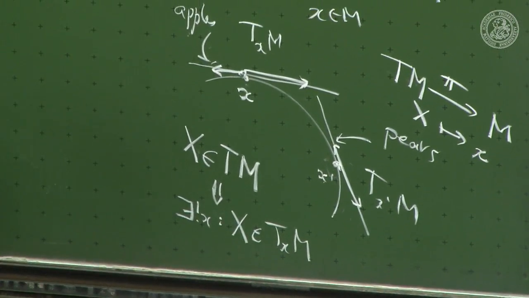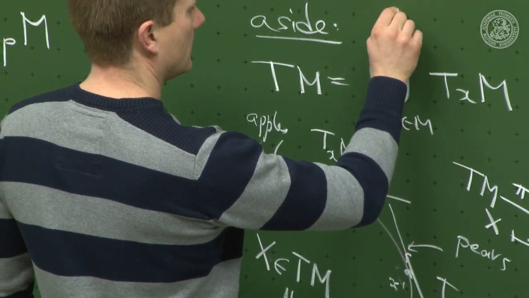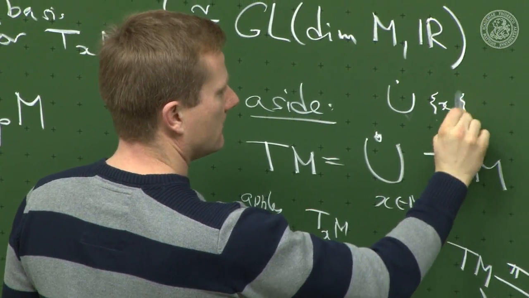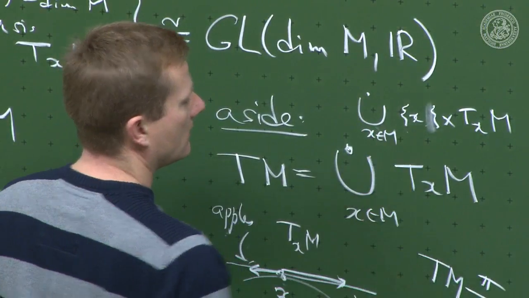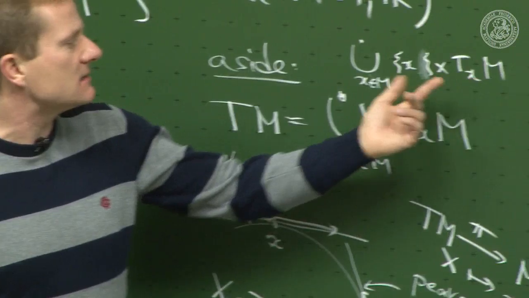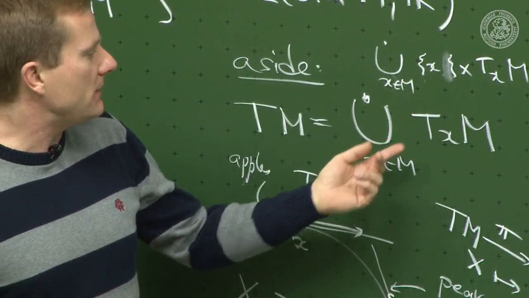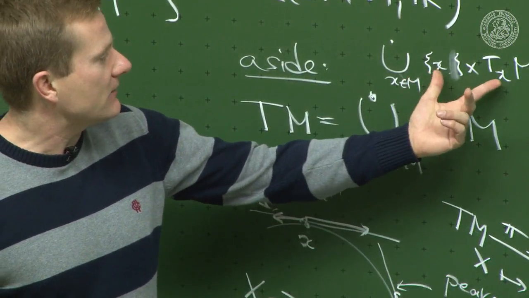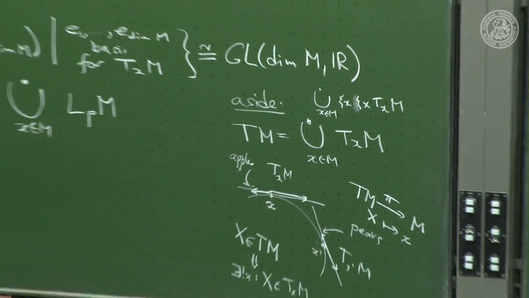Okay? Hence, a construction of the type union over all x of x Cartesian product T_xM may look good because you make this point explicit, and you then have in here pairs of points and tangent vectors. That's okay.